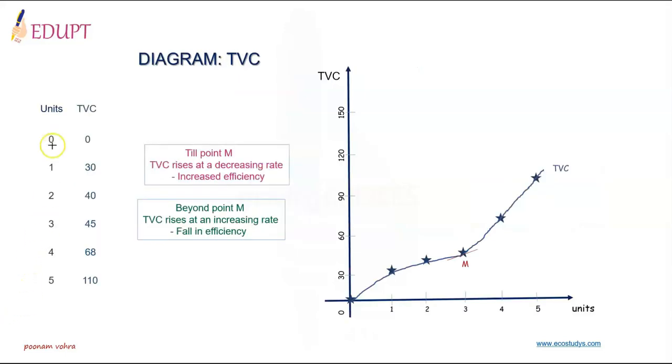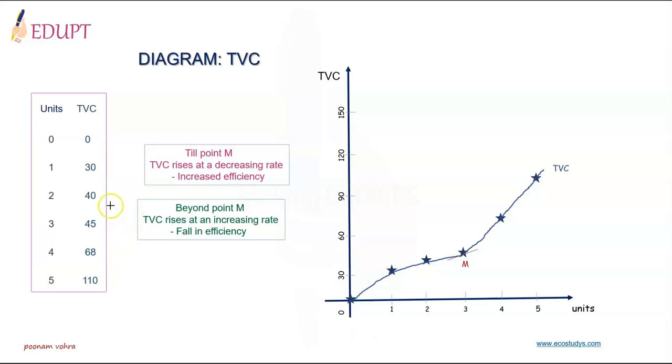One can understand total variable cost with the help of a numerical example and its diagrammatic presentation. This has been understood that when units produced are 0, total variable cost will also be 0. Thereafter, as units produced increases, total variable cost also increases.